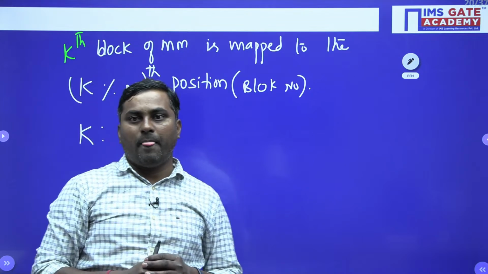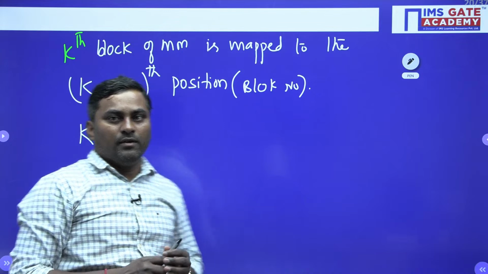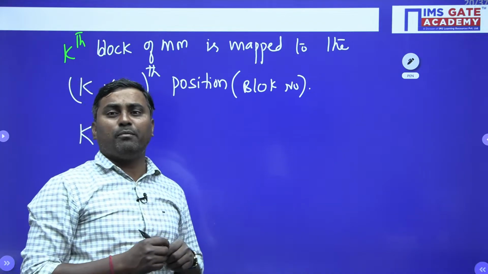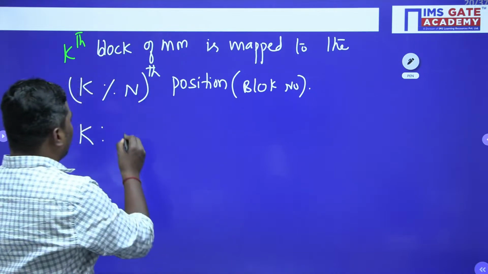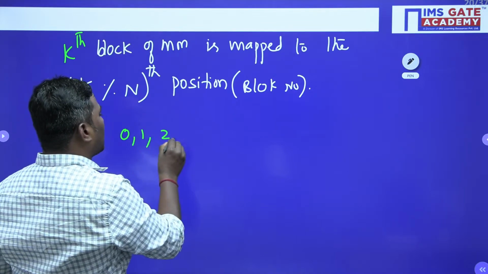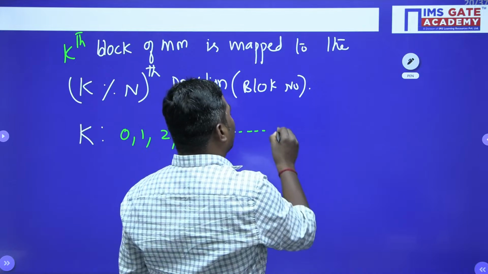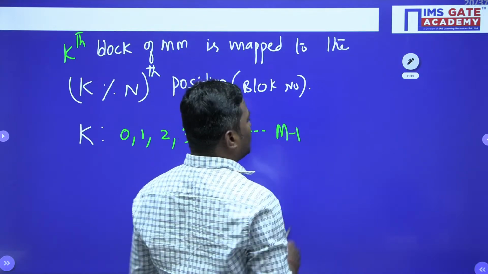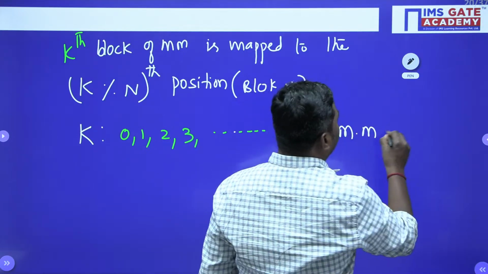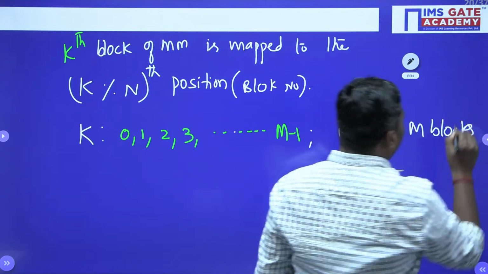So the block numbers could be block number 0, 1, 2, 3, and so on. Assume main memory contains m blocks.